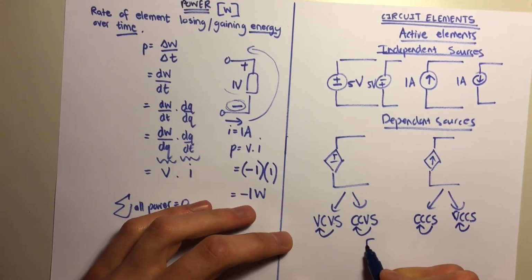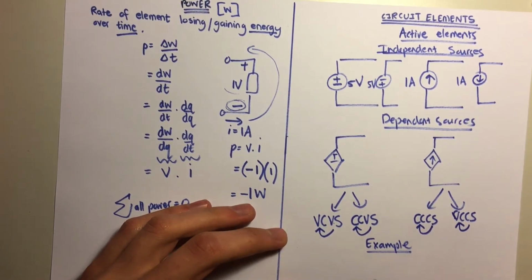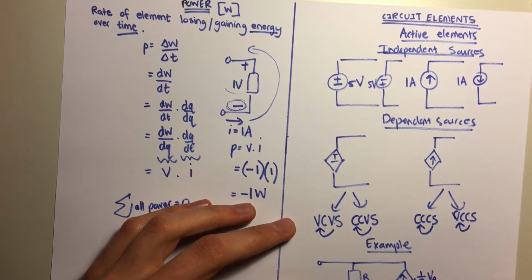Just to take away any confusion, let's look at a quick example. If I have an element B and a dependent current source here, and the current that it puts out is half of VB, where VB is defined like that.